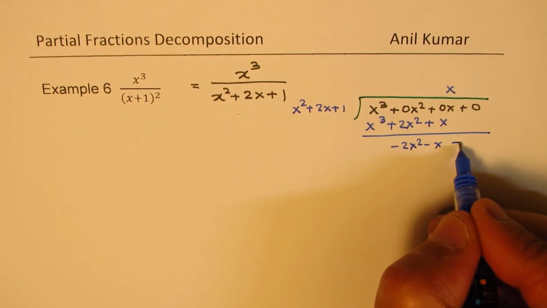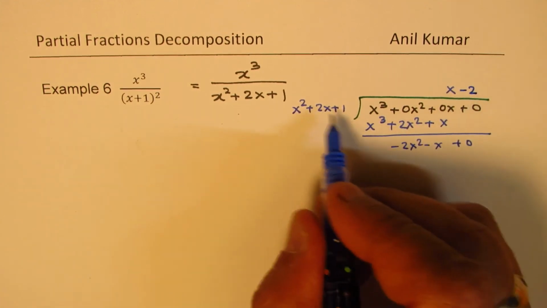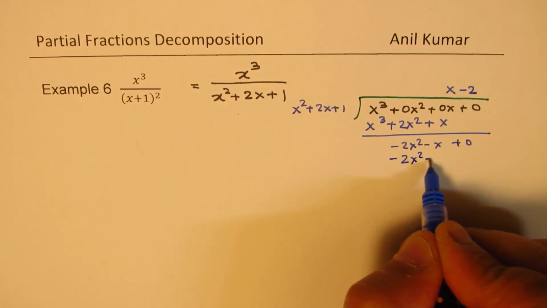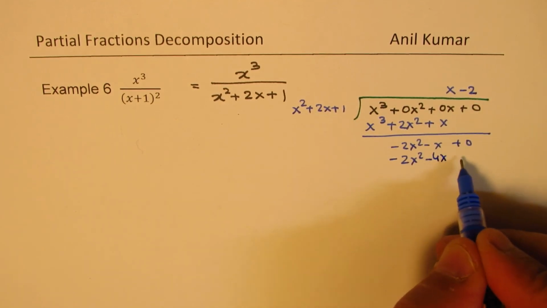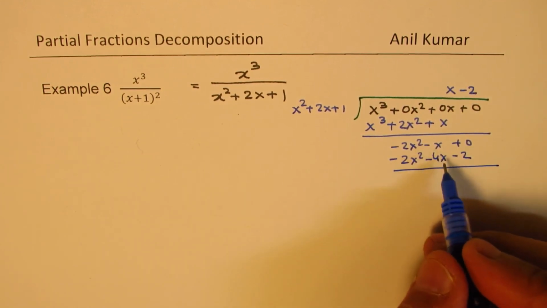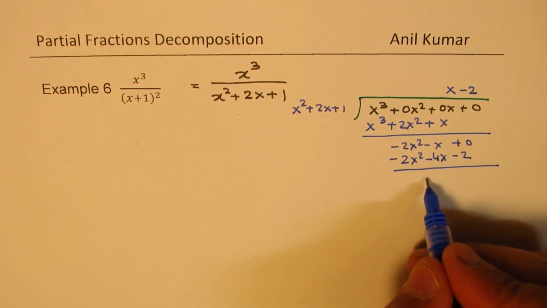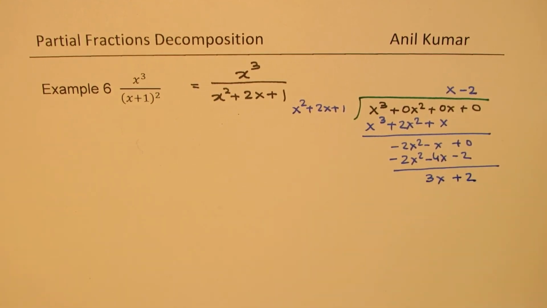Bring down 0, right? Okay. So you could now multiply by minus 2, so we get minus 2x squared minus 4x minus 2, right? And when you take away, you get plus 3x, and that becomes plus 2, right?